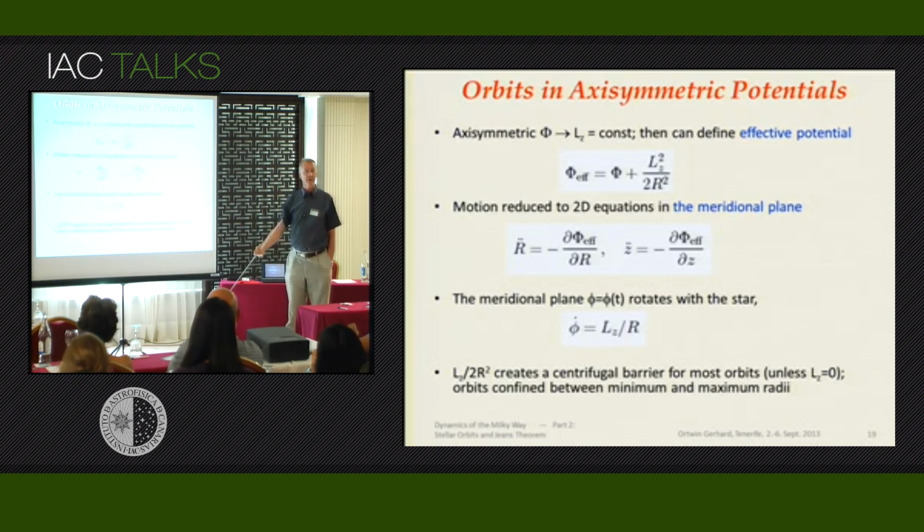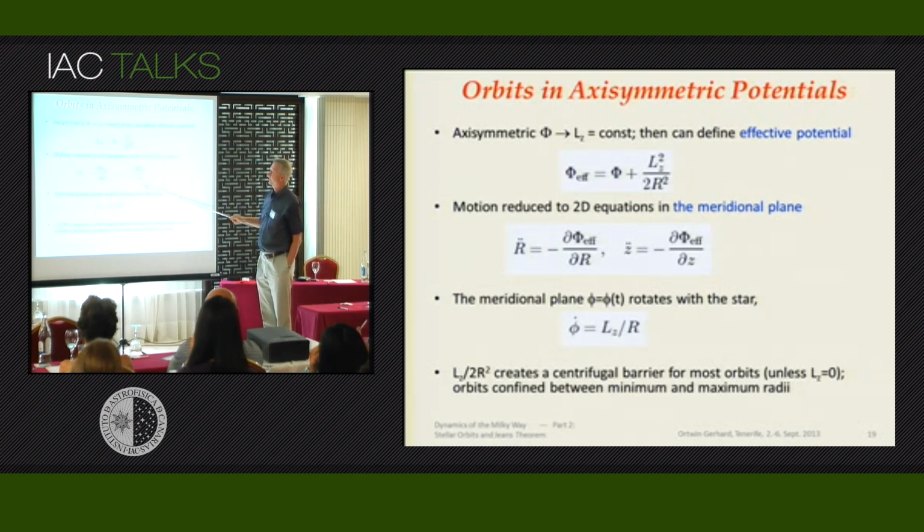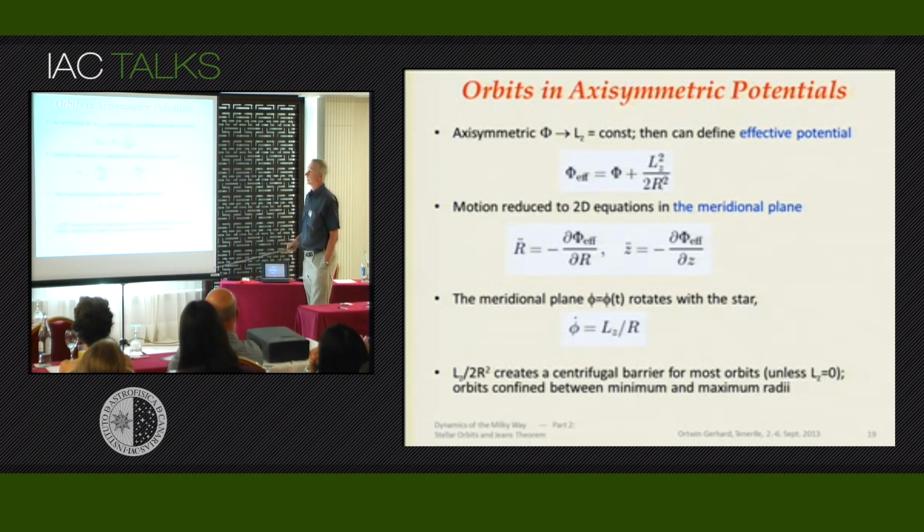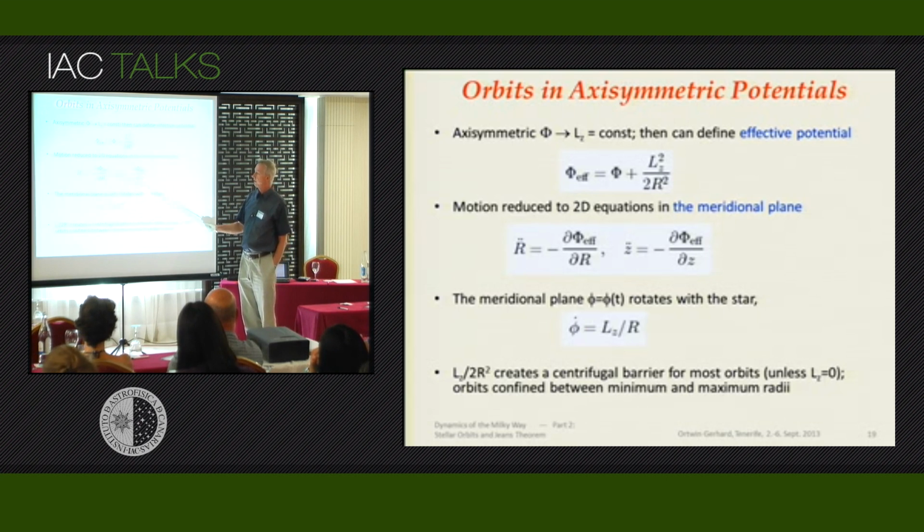And then, because this is conserved, essentially the motion reduces to a two-dimensional motion. So you can describe by two equations of motion in the so-called meridional plane, R and Z, which are simply given by these very simple potential derivatives in terms of the effective potential.